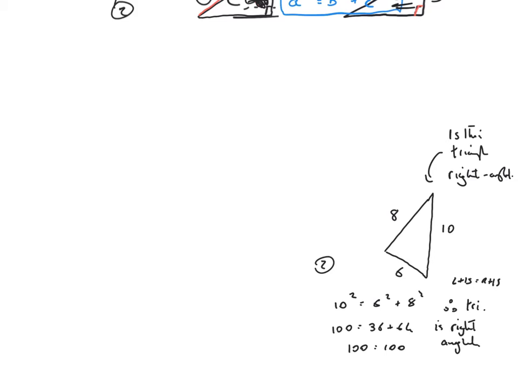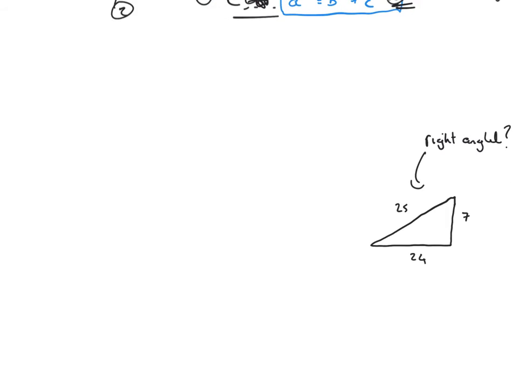Okay, let's try example 3. You start with the longest side again. So 25 squared equals 24 squared plus 7 squared. You'll need your scientific calculator for that one. 25 squared is 625, 24 squared is 576, and 7 squared is 49.